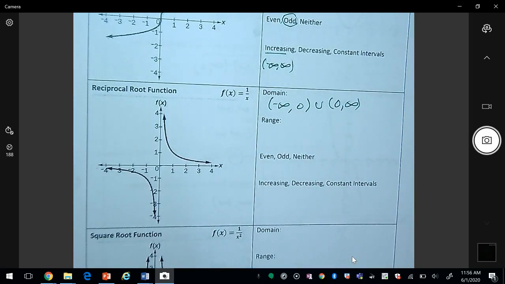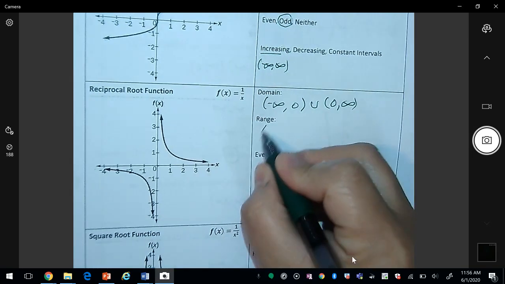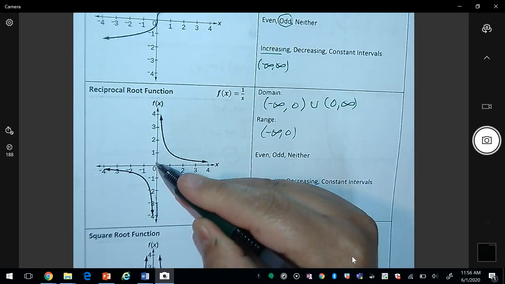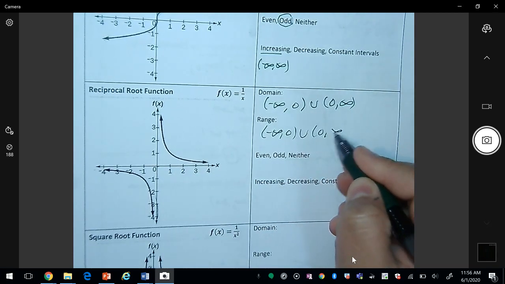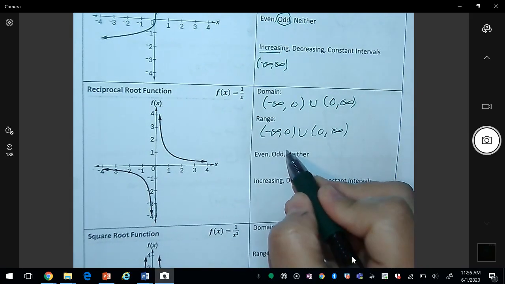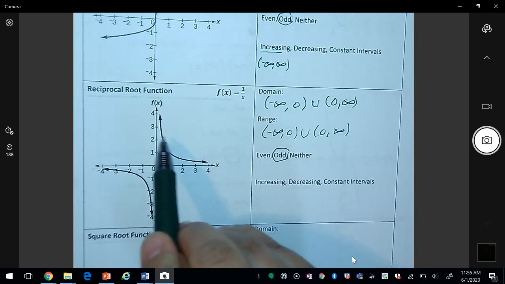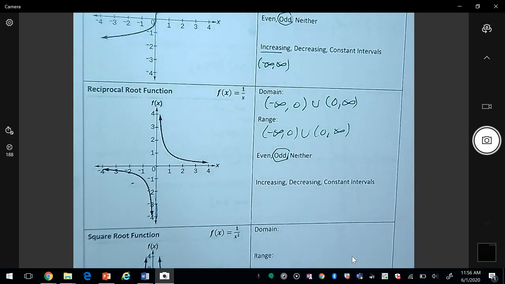Then the range is going to go from negative infinity to 0 again. So we go all the way up to 0, but it's never going to touch. And then it starts at 0 to infinity. This function is odd since you have symmetry on the origin. If I fold it this way, it lands here, and then I fold it down and it lands here.